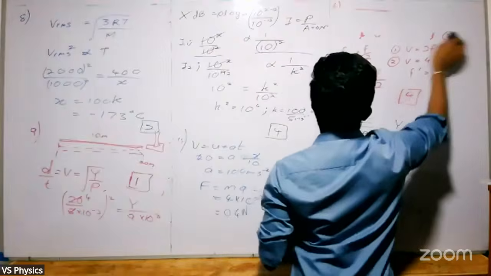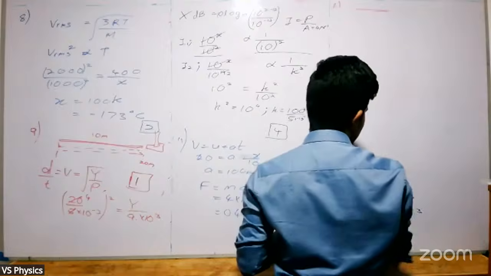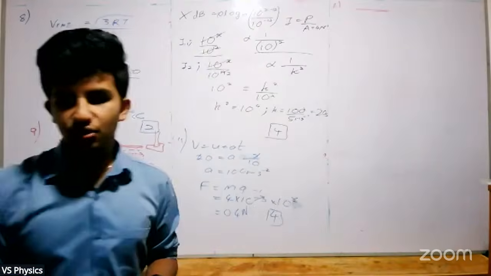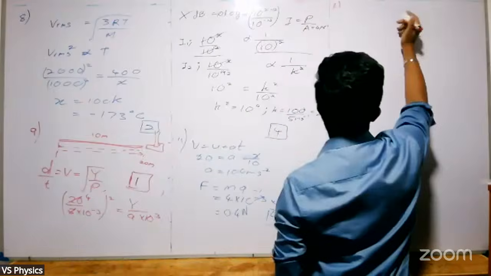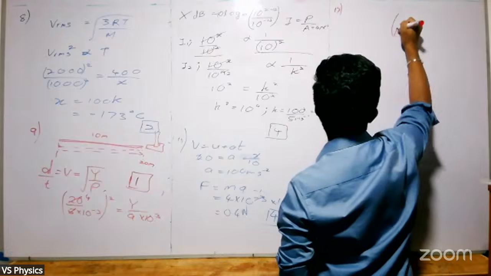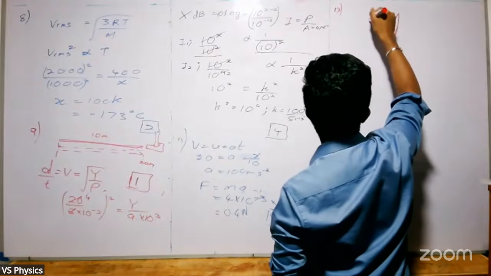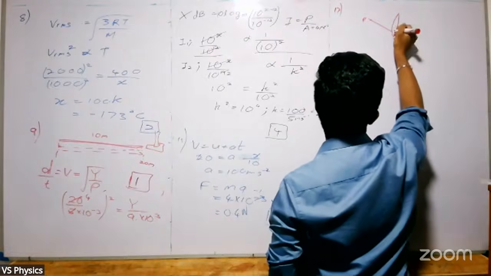The 12th question is logic based, not calculation based. So the story is, we have a concave lens. From point P, we are sending a ray.